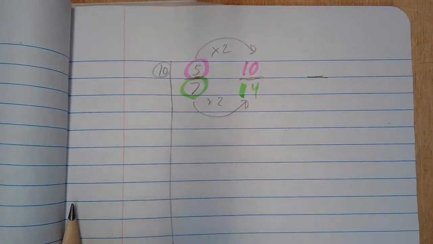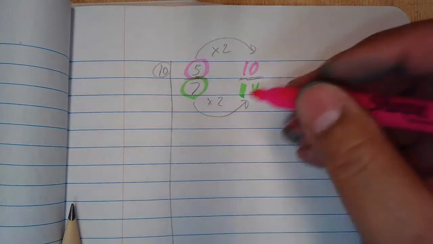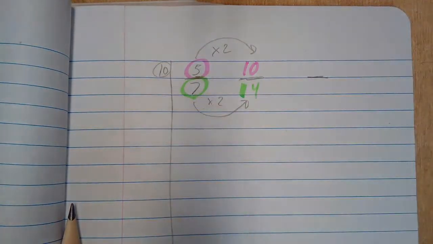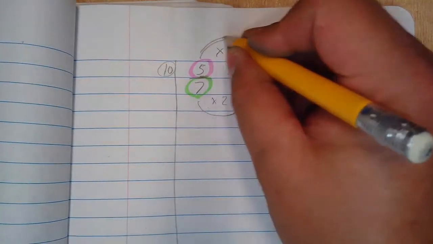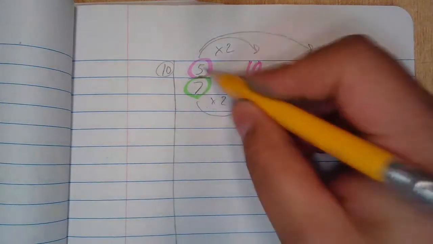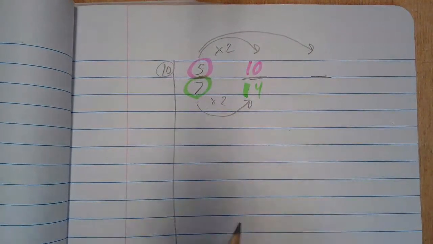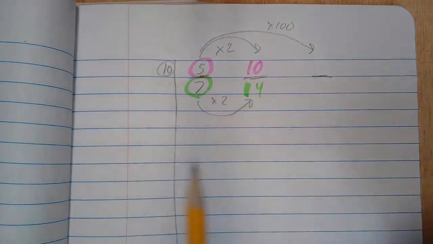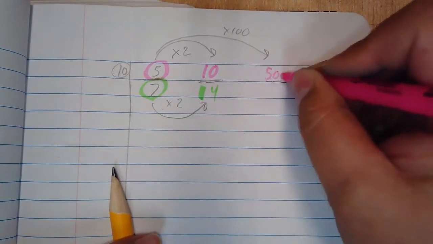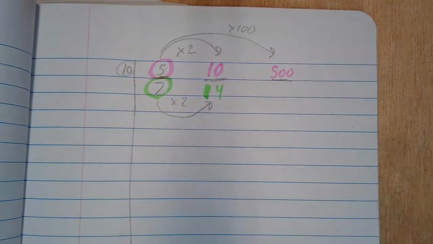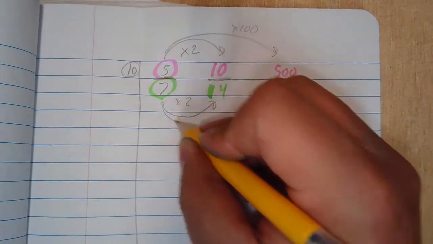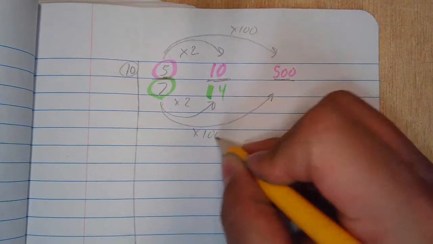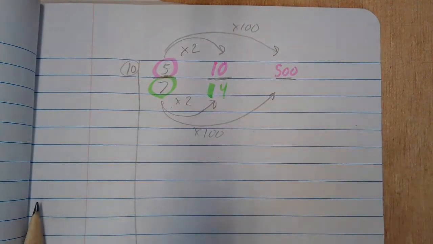It's whatever makes you happy. Maybe I want to scale up by 100 because I want 100 of these. Right? It could be whatever you want. This would make it 500. And again, since they are acting like fractions, whatever you do to the numerator, you do to the denominator.